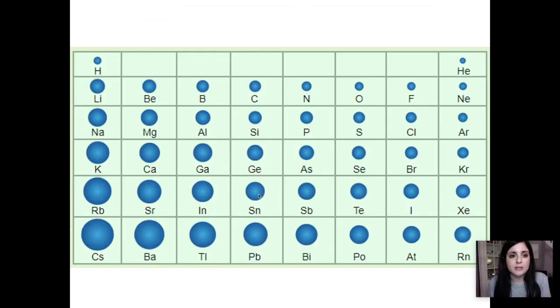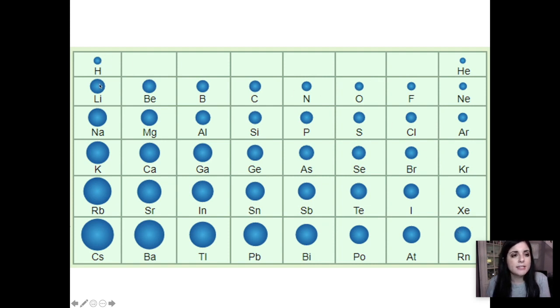So here's a great example of the general trends. Notice the transition metals aren't here because, like we said, transition metals get a little funky. Normally, we just talk about these trends for the main group elements: your alkali metals and alkaline earth metals, and then from boron's group all the way to your noble gases.